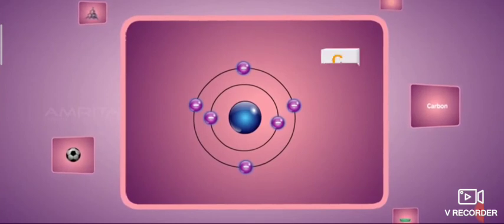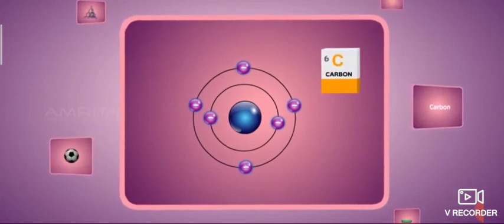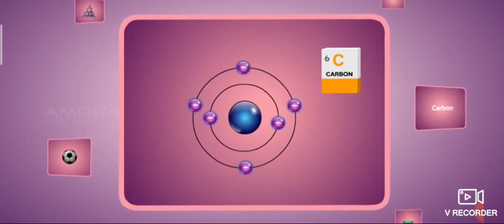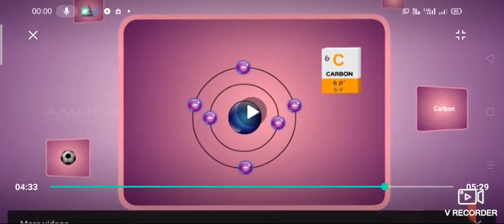Four valence electrons make this carbon special in nature. Fullerene is used in nanotechnology.